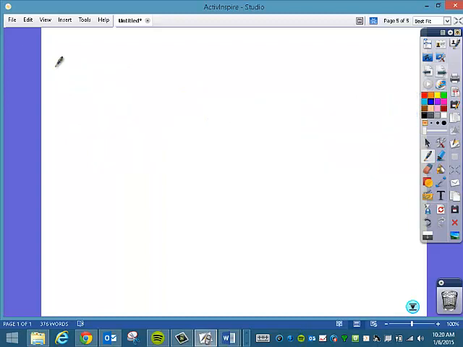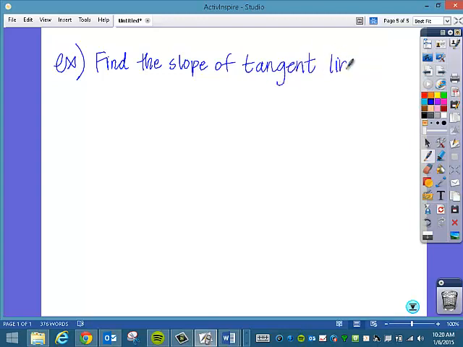So our first example is find the slope of the tangent line of our function f of x equals x squared plus 1 at the point -1, 3.